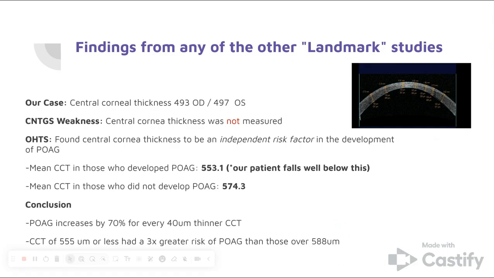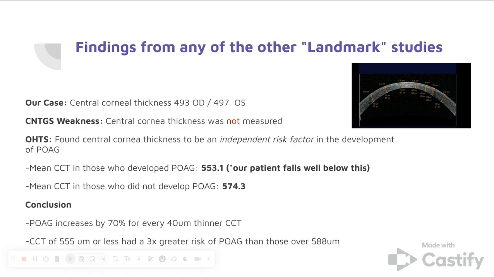They said that the mean central corneal thickness for those who developed primary open-angle glaucoma was 553 microns, which our patient fell well below, and the mean central corneal thickness for those who did not develop primary open-angle glaucoma was 574 microns.